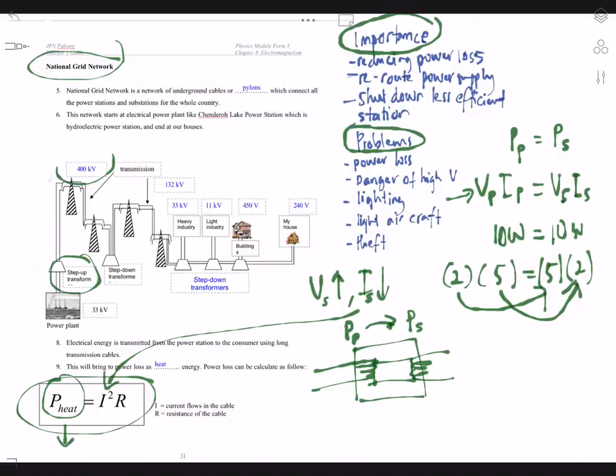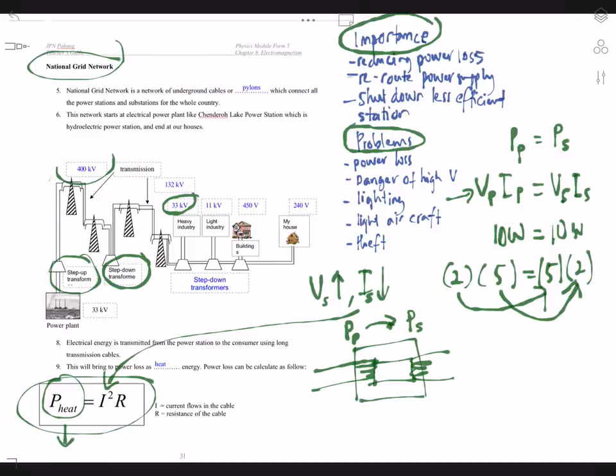And then after that, when the cable is going to reach industry and houses, we need to use a step-down transformer. In order to make the voltage suitable, we are going to decrease the voltage for the use of heavy industry.